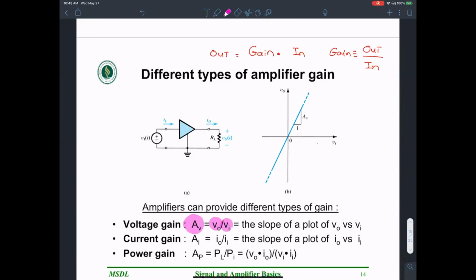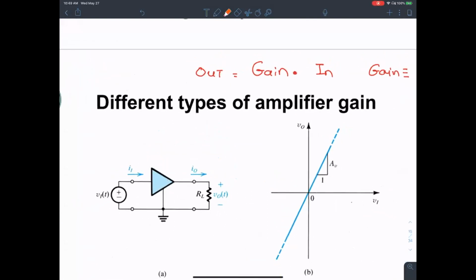On the other hand, this one is a current gain because the output is a current and the input is a current. If you look at the top here, for the same amplifier, if I look at V output over time over V input over time, so that's this one over that one, output over input, then I have what is known as voltage gain.